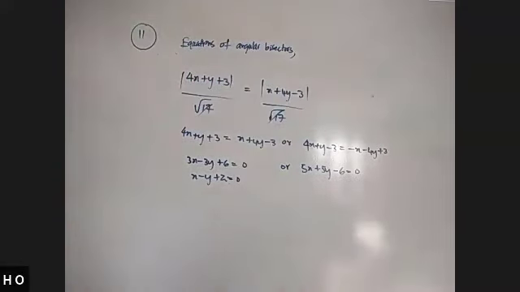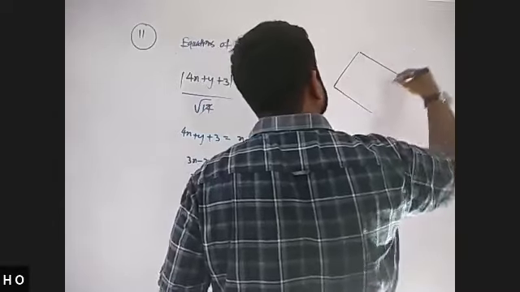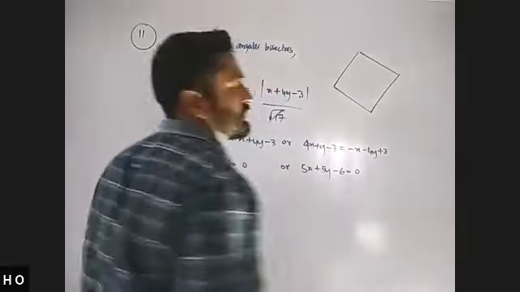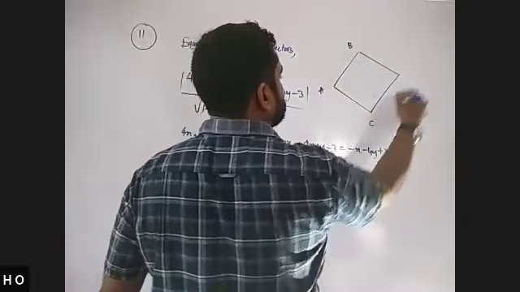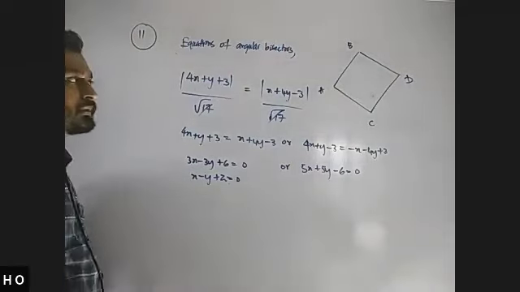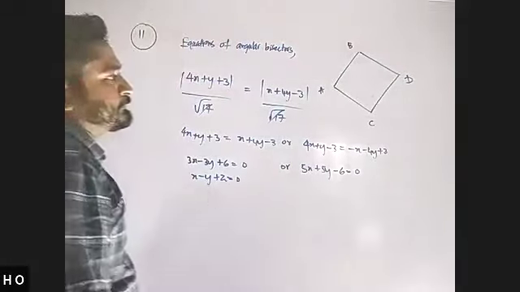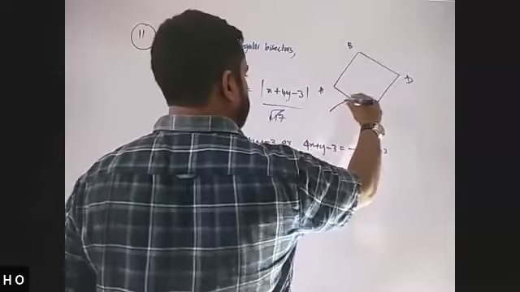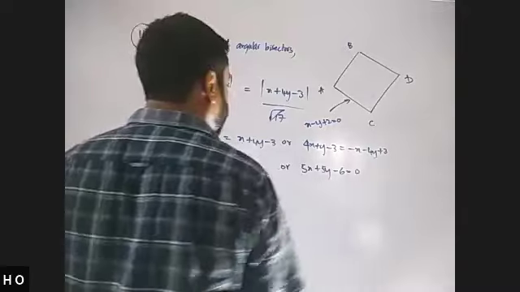After finding that, you can sketch the square. Let us say this is the square and we'll name it A, B, C, D, and give the respective names. They haven't recommended anything now, so let us give AC as x - y + 2 = 0.